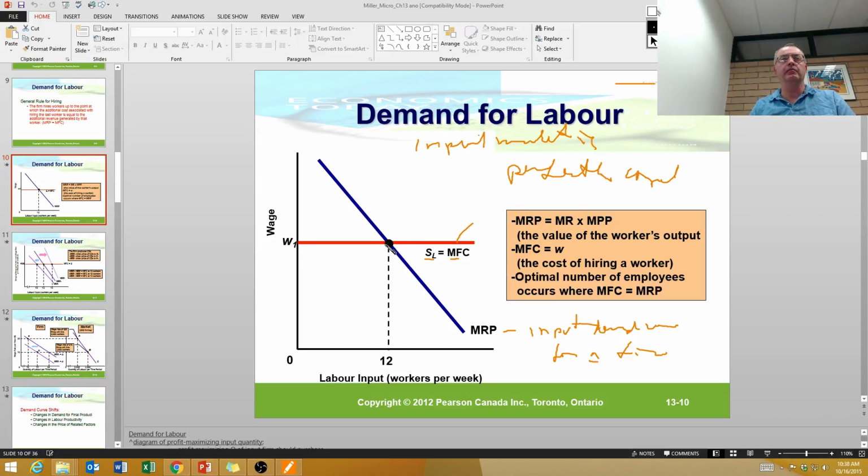Okay, so we see the same point that we saw before. Our optimal quantity of input that we should purchase is the point where marginal revenue product equals marginal factor cost. And again, if we hired less than this quantity, marginal revenue is greater than marginal cost, therefore we should hire more. And in this section here, marginal cost exceeds marginal revenue, therefore we should reduce the quantity that we hire to reduce our losses, and that pushes us to this equilibrium point where the optimal point is marginal revenue product equals marginal factor cost.